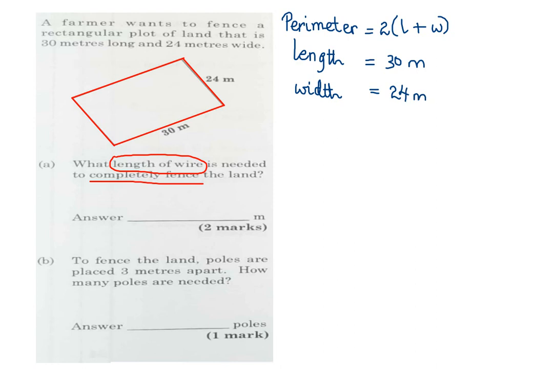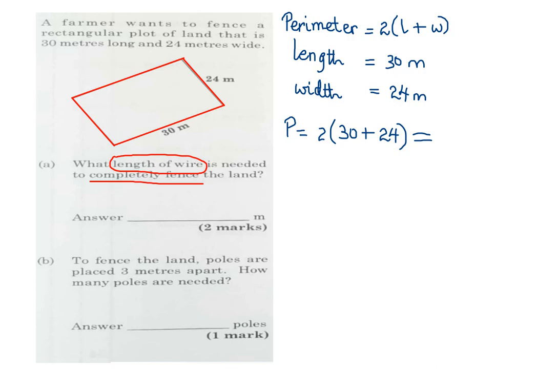All we have to do now, we're going to put that into our perimeter formula, and we will get our answer. So the perimeter is 2 times 30 plus 24. So we can add up what's in brackets first and then multiply it by 2.